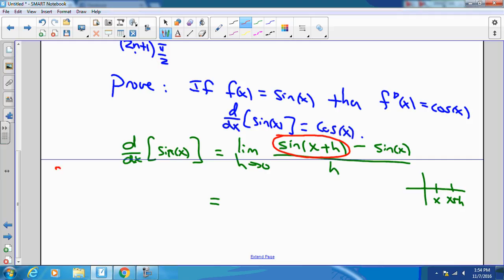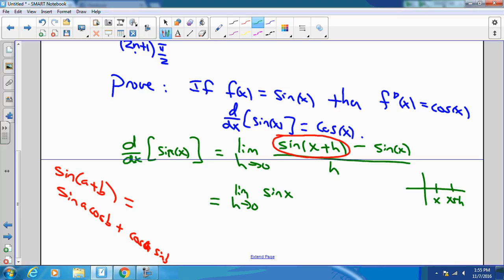Sine of a plus b? Sine a times sine b plus cosine a. Close. But sine and cosine are interchangeable. It should be sine a, cosine b, plus cosine a, sine b. And here, my a is x, and my b is h.